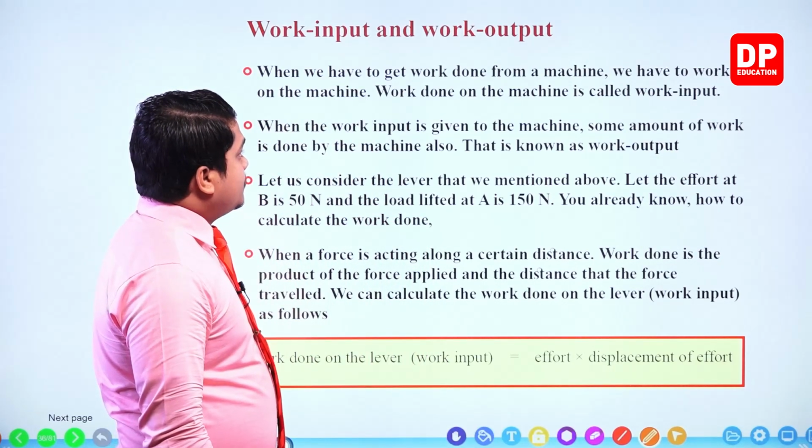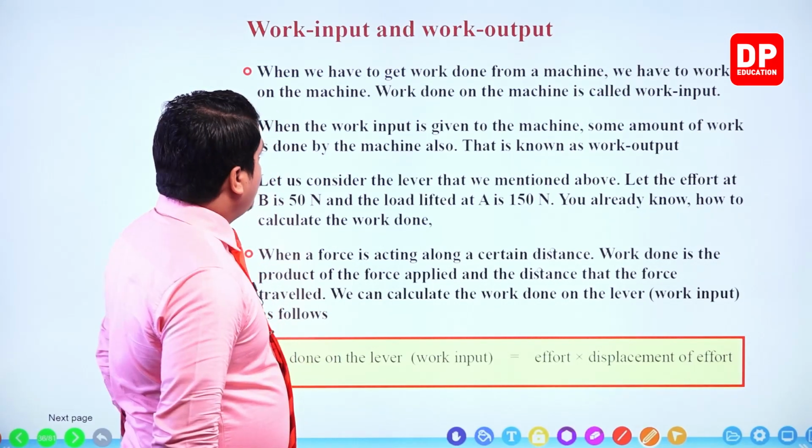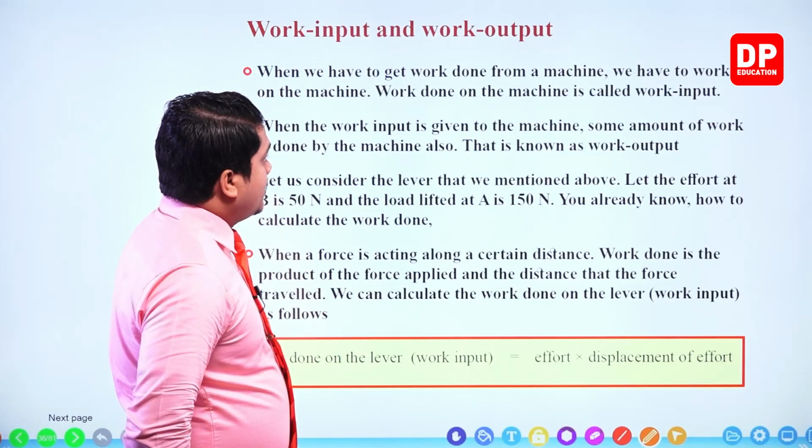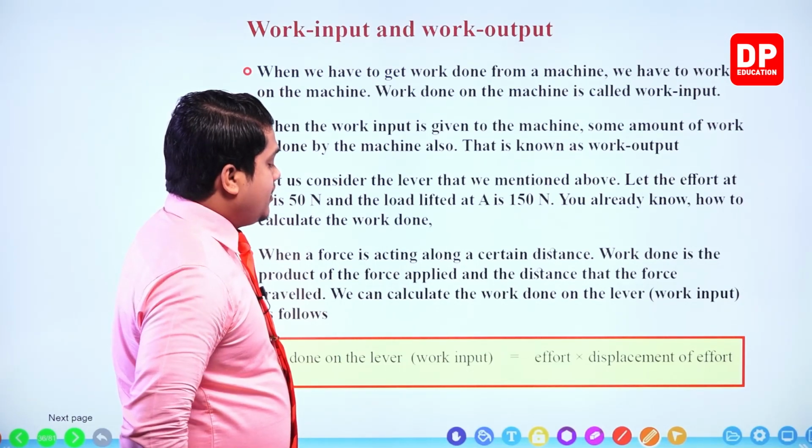When we have to get work done from a machine, we have to work on the machine. Work done on the machine is called the work input.